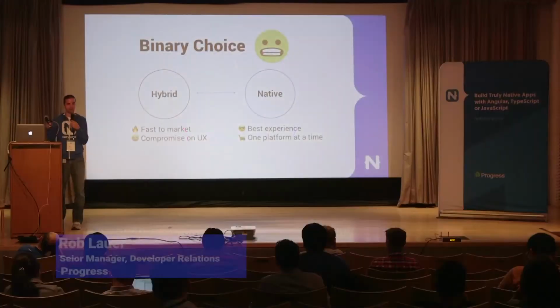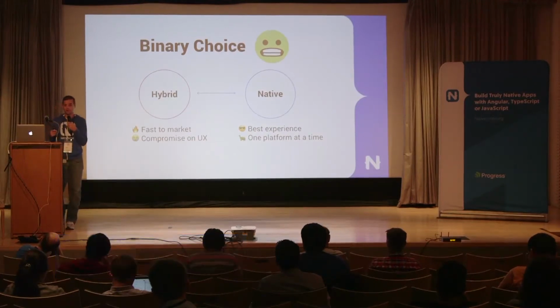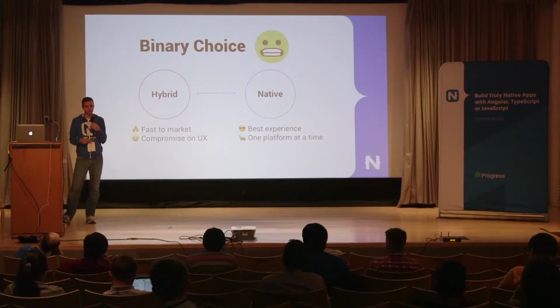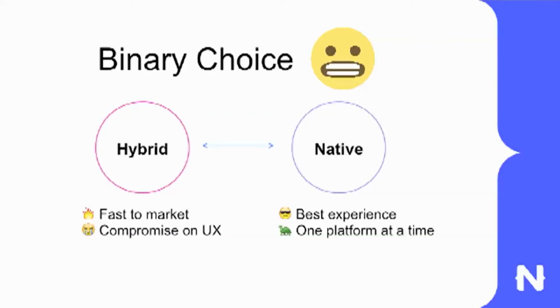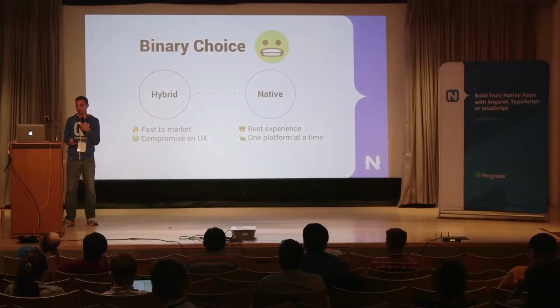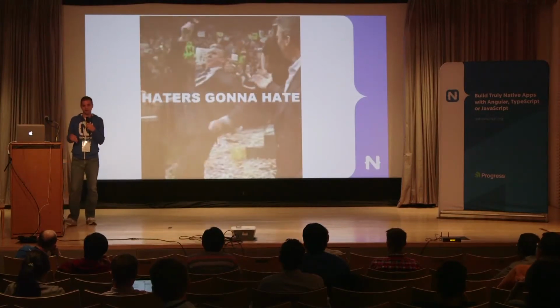If we're going to go hybrid, we get to market quickly because we're using those web skills and we're creating cross-platform apps from one code base. But we're compromising on that user experience, right? List views are really slow. It kind of gives janky animation performance. Or we can go native and give you that best experience, but it's slow because we're developing one platform at a time.